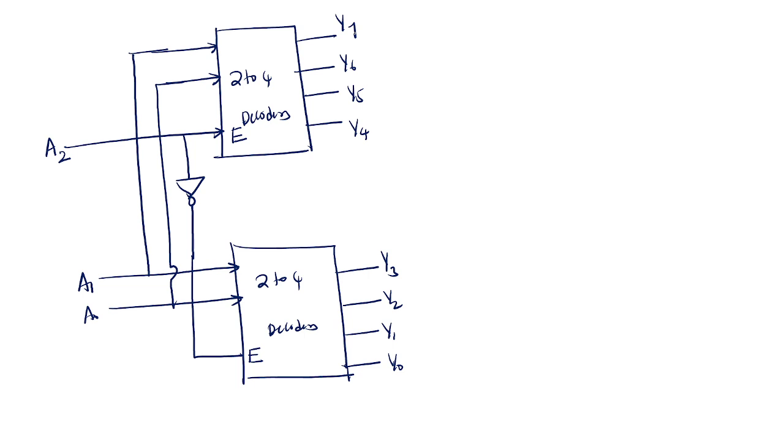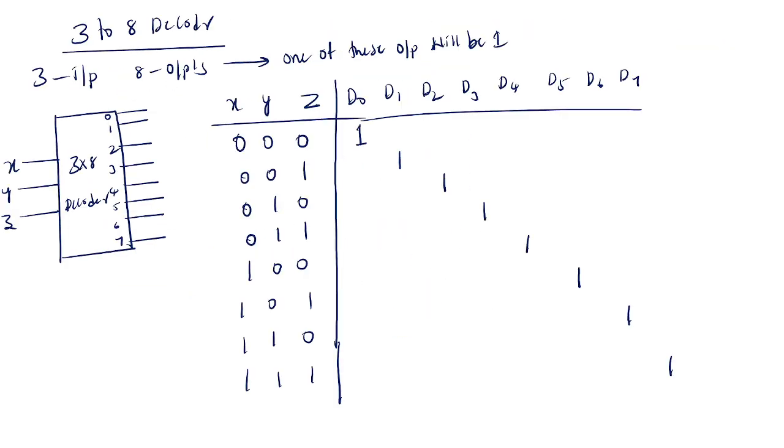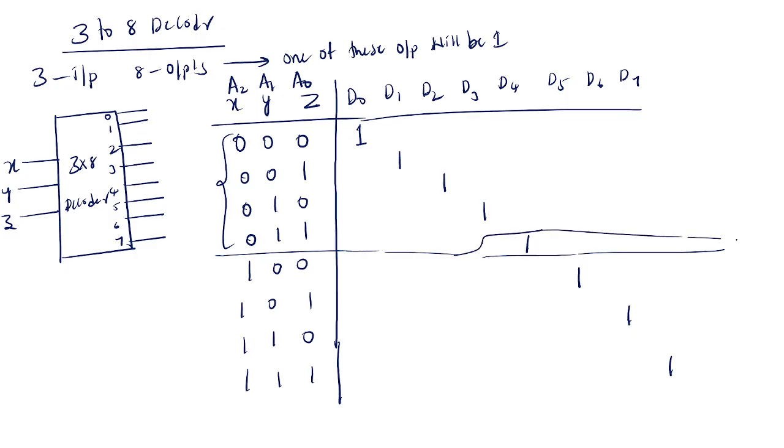So if you observe the truth table of this one, you can consider this one as A2, A1, and A naught. Now you see. When A2 equal to 0, you will get which outputs? D naught to D3. This one you will get.